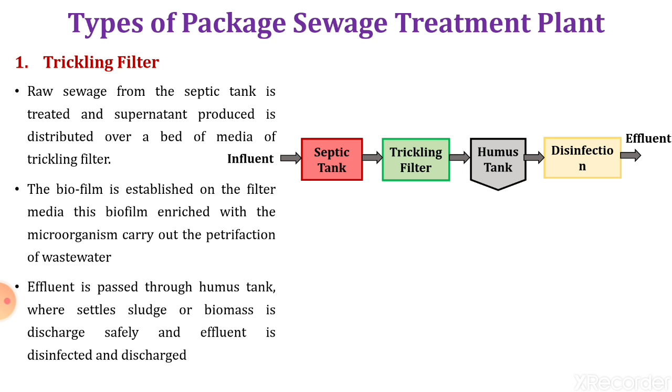Effluent is passed to the humus tank where the settled sludge or the biomass is discharged safely and the effluent is disinfected and discharged. So all the units like septic tank, trickling filter, humus tank and disinfection unit are kept in one prefabricated structure.